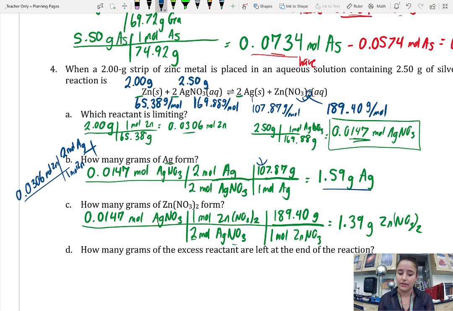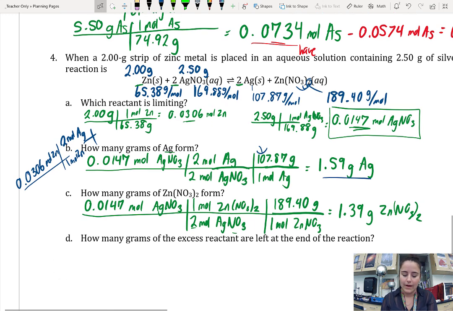So how many grams of the excess reactant are left at the end? Well, let's go ahead and figure out how many will react first. I'm going to do it in one step so you guys can see how that works. We're going to start with how many grams we have. We have 2.00 grams of zinc. And then we need to subtract the grams that will react.